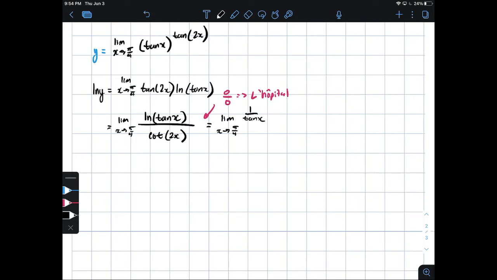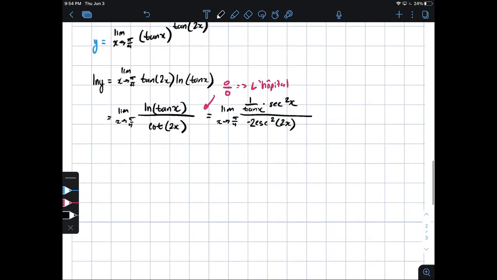So we get 1 over tangent x, because ln would be 1 over x, and then our x is just tangent. Then we differentiate tangent x, and we're going to get secant squared x. Now we differentiate cotangent 2x, which would be negative cosecant squared 2x, and then obviously we use the chain rule, and we'll actually have negative 2 cosecant squared 2x.